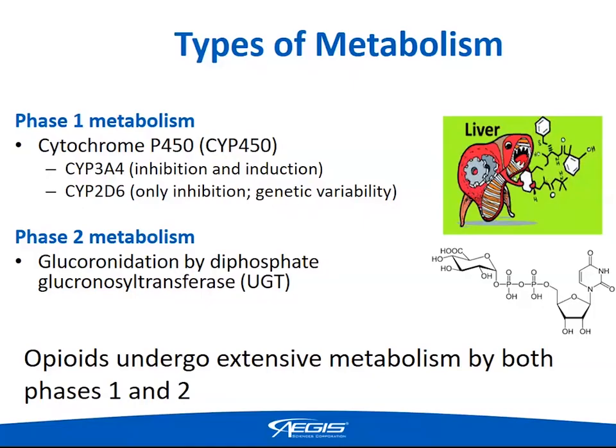CYP2D6 inhibition can lead to an increase in active parent drug or a decrease in active metabolite, leading to either a decrease in analgesic effects or adverse drug effects such as sedation, respiratory depression, and or death. For example, codeine is a prodrug and needs to be activated by 2D6. So codeine is metabolized to morphine via 2D6, leading to an analgesic effect. So inhibition, or someone who's a poor metabolizer of 2D6, can lead to a decrease in analgesic effect.